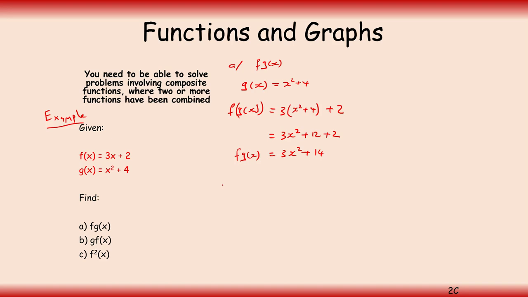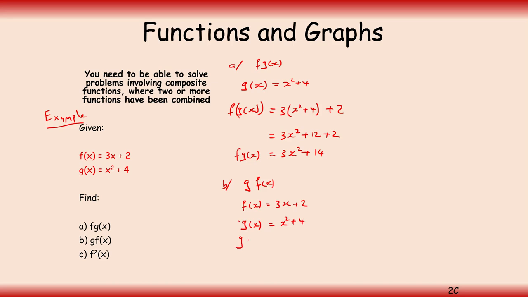So that's part A. Let's have a look at part B. This time they want us to find g of f of x. Now f of x is equal to 3x plus 2. So g of f of x, well let's have a look at what g of x is. g of x is given by x squared plus 4.